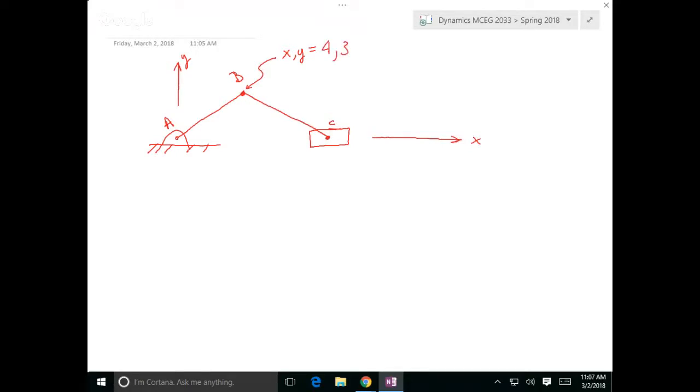Then I'm going to pick the location of C, and I'll say X equals, in good design you want to make sure it's long enough so it doesn't get pulled back and hit. How about 15, and Y is equal to 0.